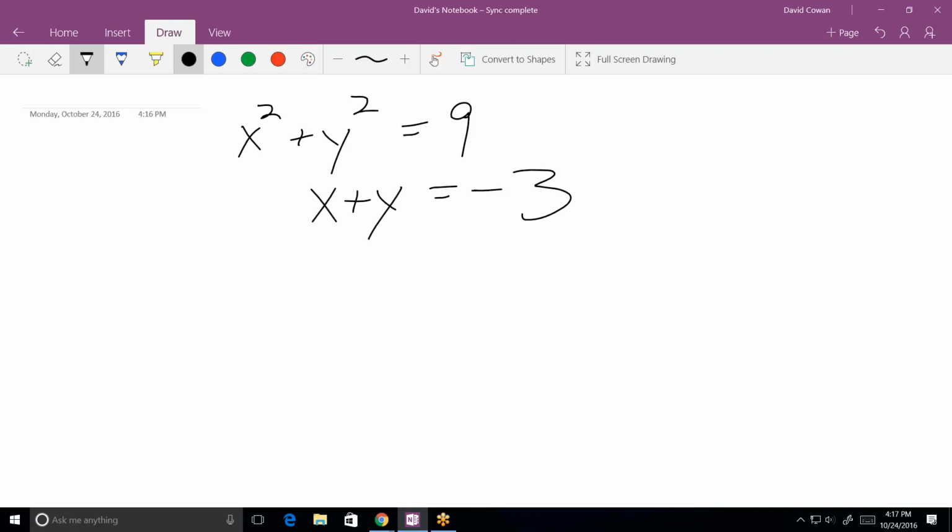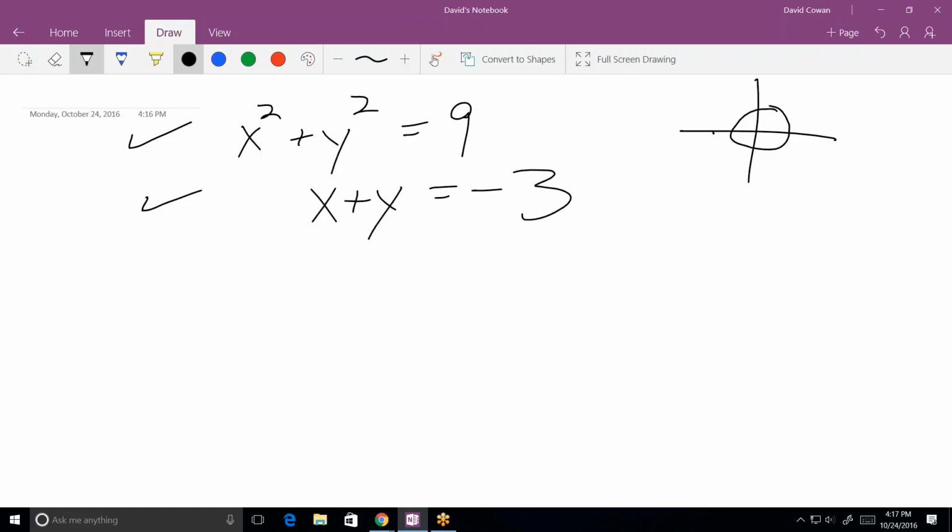First of all, that is the equation of a circle, right? You recognize that? The top one. Whenever you have x squared plus y squared equals a number, this number is the radius squared. So that's a circle at the origin with a radius of 3.